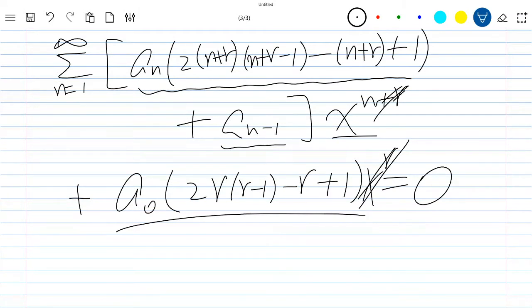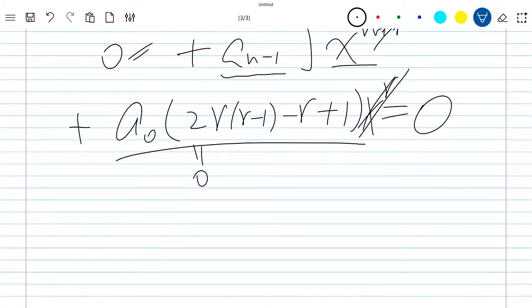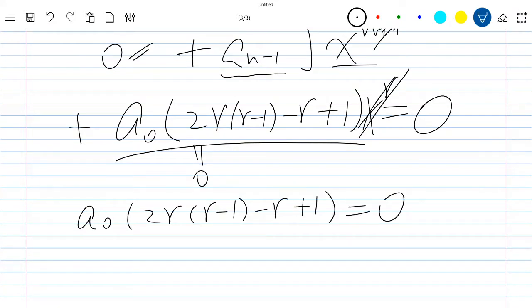And when will it be 0? If all of the coefficients are 0. So this equals 0 and that equals 0. Right? So let me write down more clearly. a0 times 2r times r minus 1 minus r plus 1 equals 0.